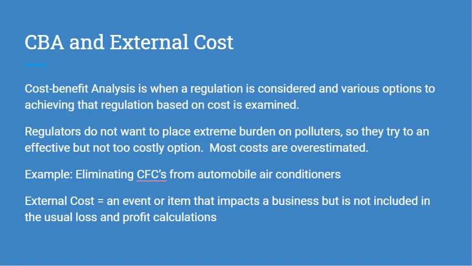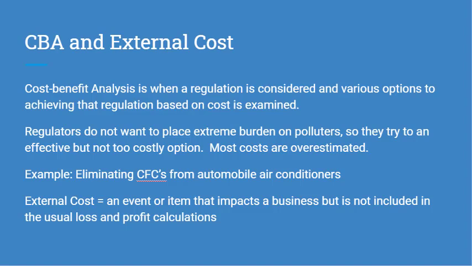Cost benefit analysis is when a regulation is considered and various options for achieving that regulation are examined based on cost. The regulators don't want to put extreme burden on polluters, so they try to find an effective method that's not too costly. But there's a problem with this because most of the time these costs are way overestimated.